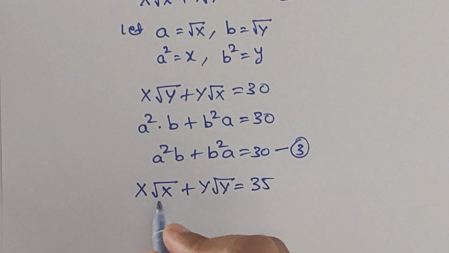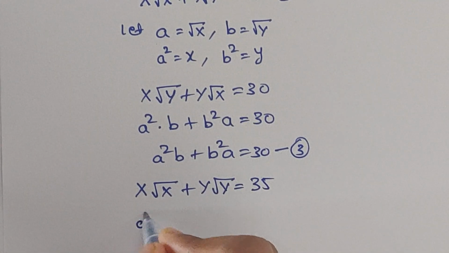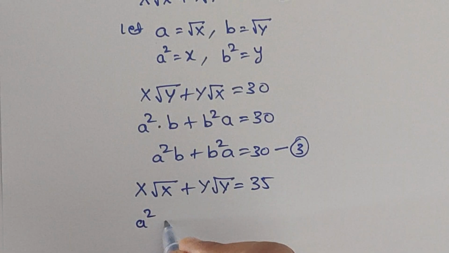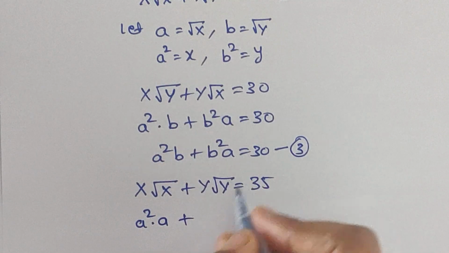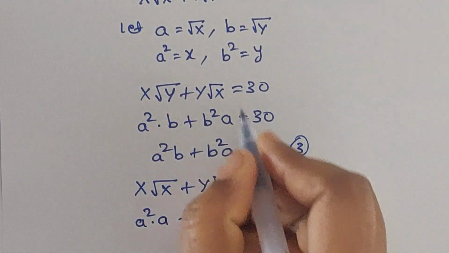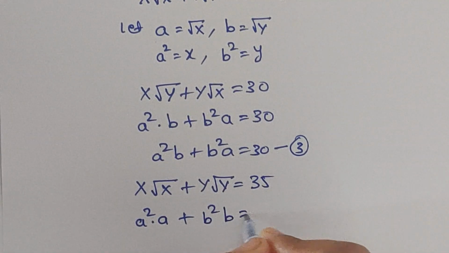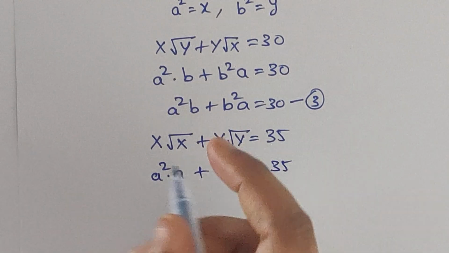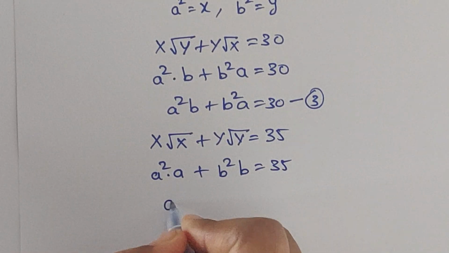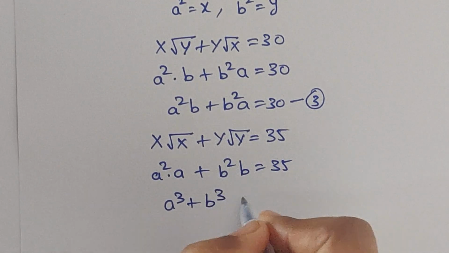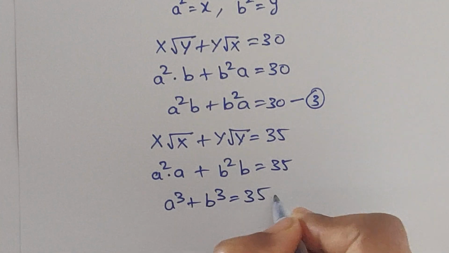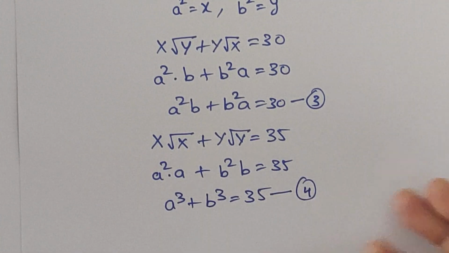So x value is a square and square root of x value is a plus y value is b square and square root of y value is b equal 35. So a square times a, which is a cube, plus b square times b, which is b cube, equal 35. So this is equation 4.